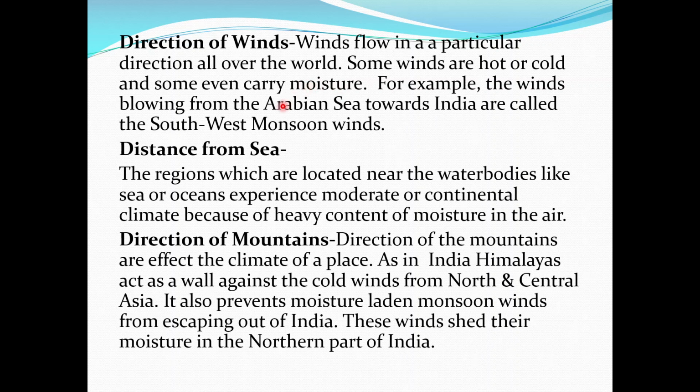The winds moving from south to north and going towards the west are giving us the rainfall. So the direction of winds also affects the climate of a place.